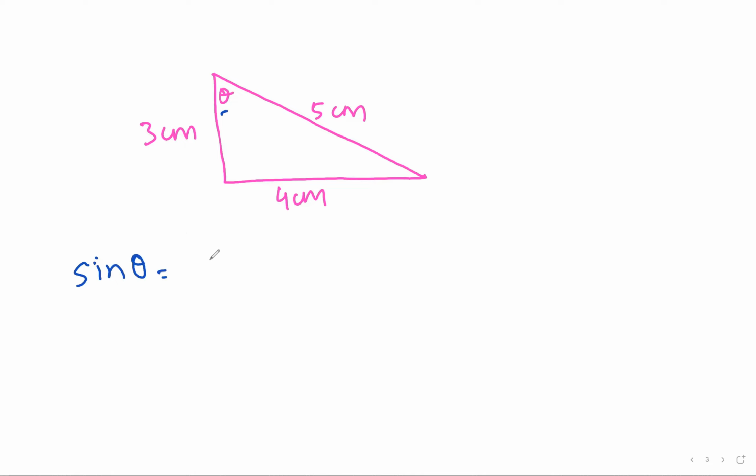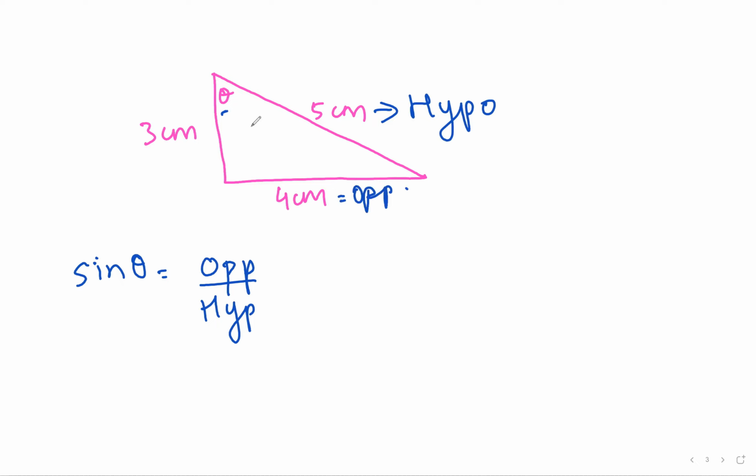Sin theta is equal to opposite over hypotenuse. We know very well this is our hypotenuse, right? What is opposite? This is opposite to theta and this is adjacent. So what is my sin theta? It is 4 centimeters over 3 centimeters.